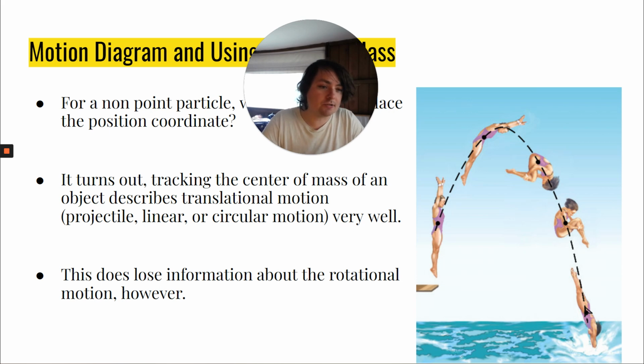However, you do lose information about the rotation, which is obvious from here. So we can track that center of mass position, but we're losing information about what happens during the diver's flip. But in physics we like reducing everything to the minimum amount of information that we're trying to describe, and then we'll add on more information as we get more complicated.